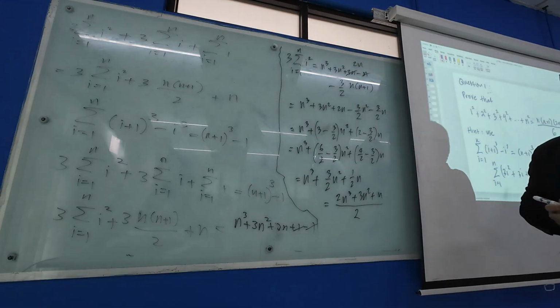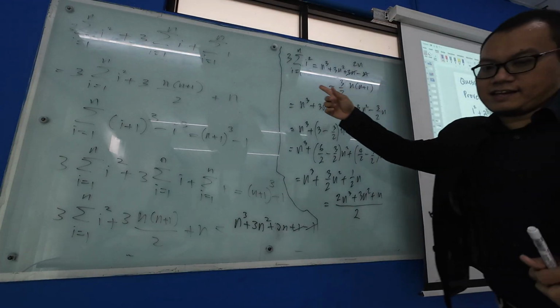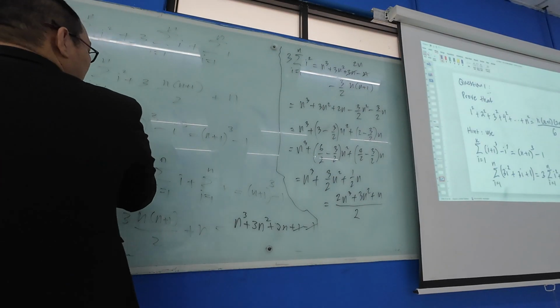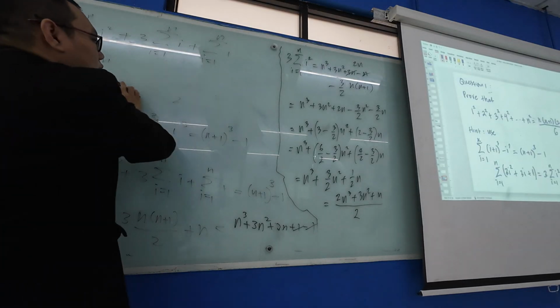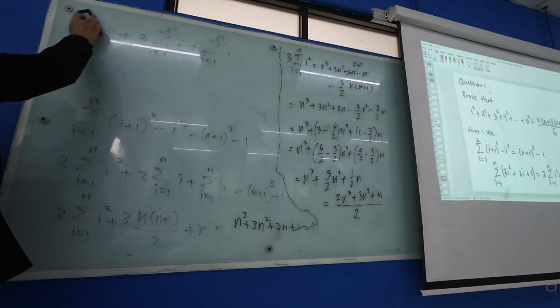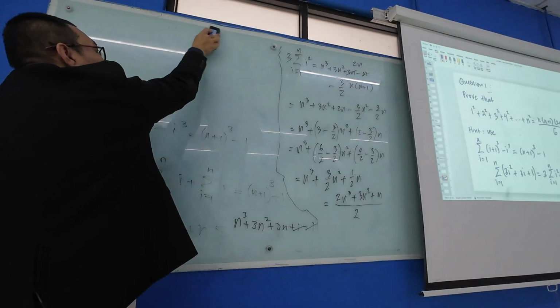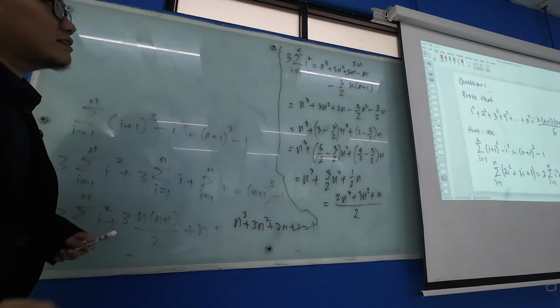Can I erase this? Okay, so both sides divide by 3.